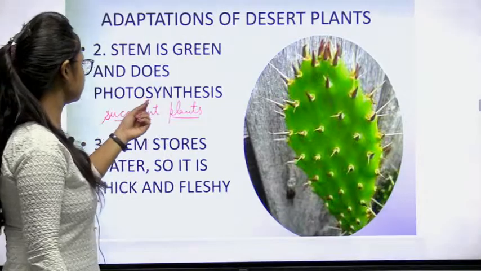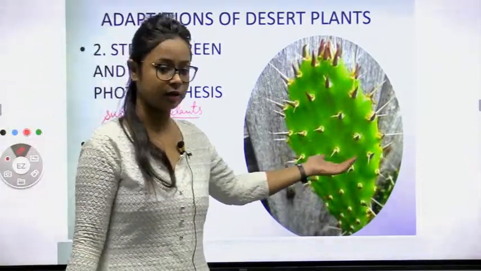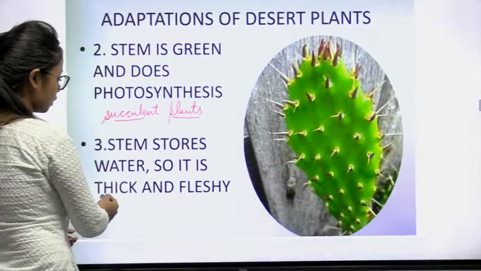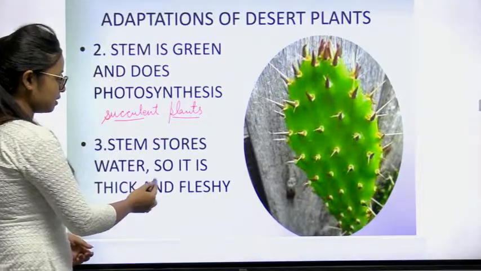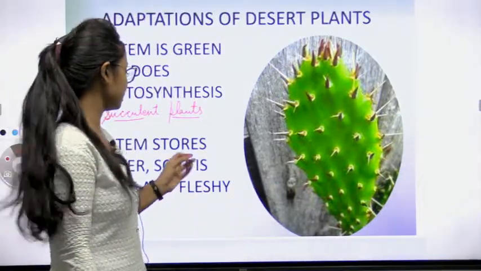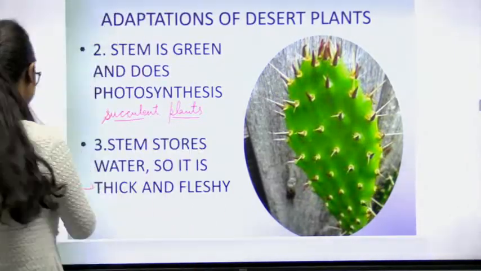Now the plant is green and does photosynthesis. You all know the plants that are green in color obviously show the photosynthesis process. Now stem stores water, and so they have a thick and fleshy stem. Clear? And the plants which have a thick and fleshy stem are called succulent plants. Clear?